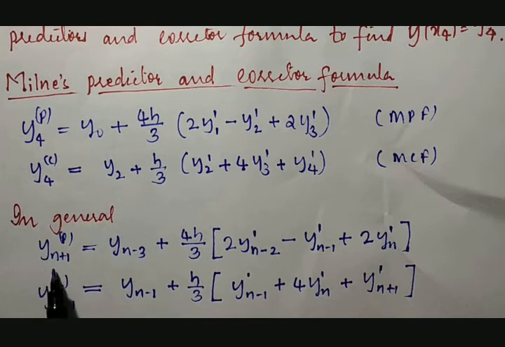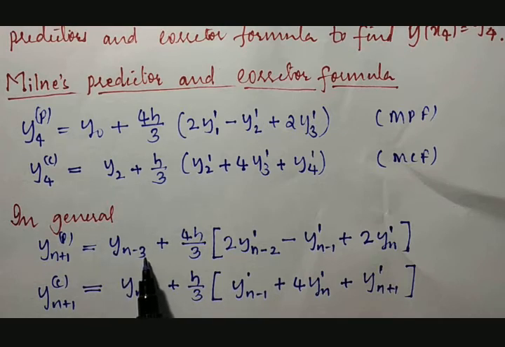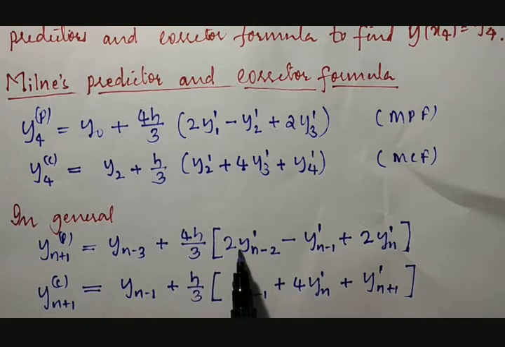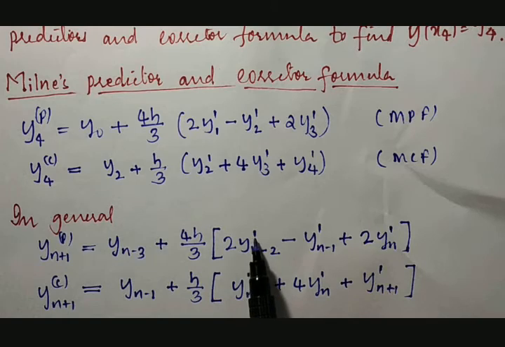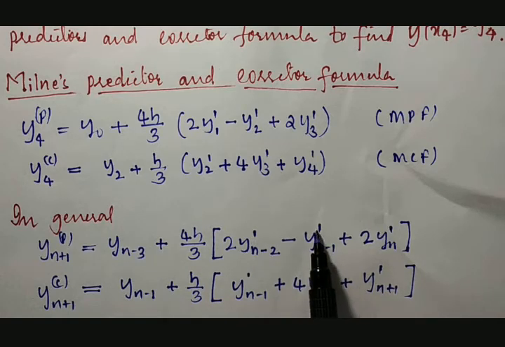That is, y(n+1) prediction will be equal to y(n-3) plus 4h by 3 into 2 times y(n-2) dash minus y(n-1) dash plus 2 times yn dash. And its correction will be y(n-1) plus h by 3 into y(n-1) dash plus 4 times yn dash plus y(n+1) dash. Okay, this is the correction.